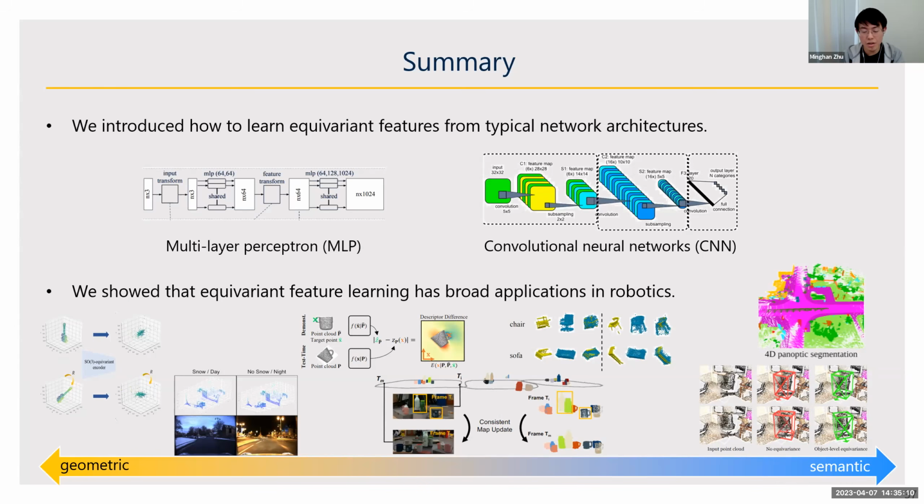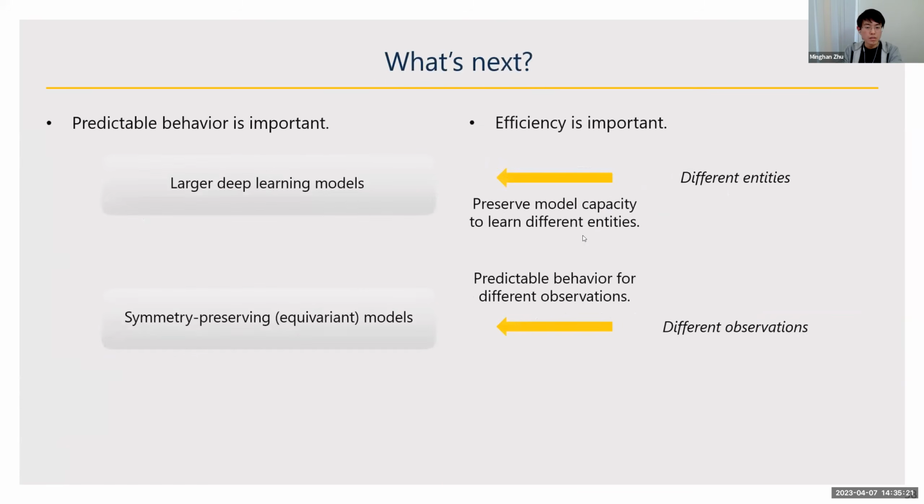And this is also, I think, a lot of room to explore how we can combine these merits altogether. So what's next? From what we already have today, where can we go in the future?